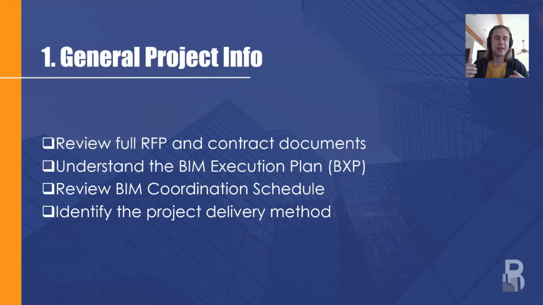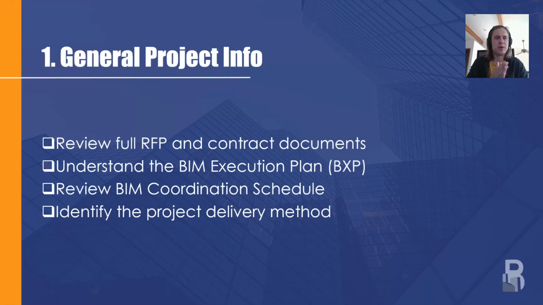BIM execution plan outlines all of the rules of engagement through a BIM project. So this stages from naming convention and contact information for different team members to modeling requirements and meeting duration and frequency throughout the process, as well as file naming convention, origin, really technical stuff that generally in this stage of the project isn't that important, but it will be down the line.